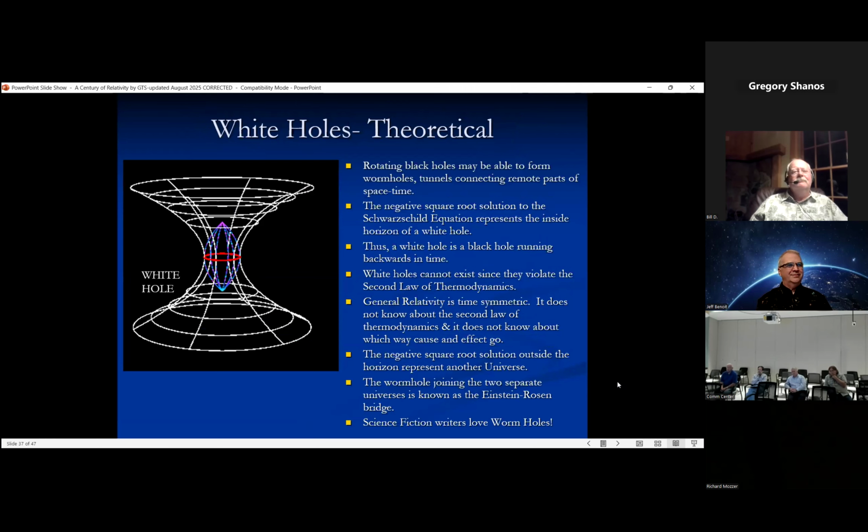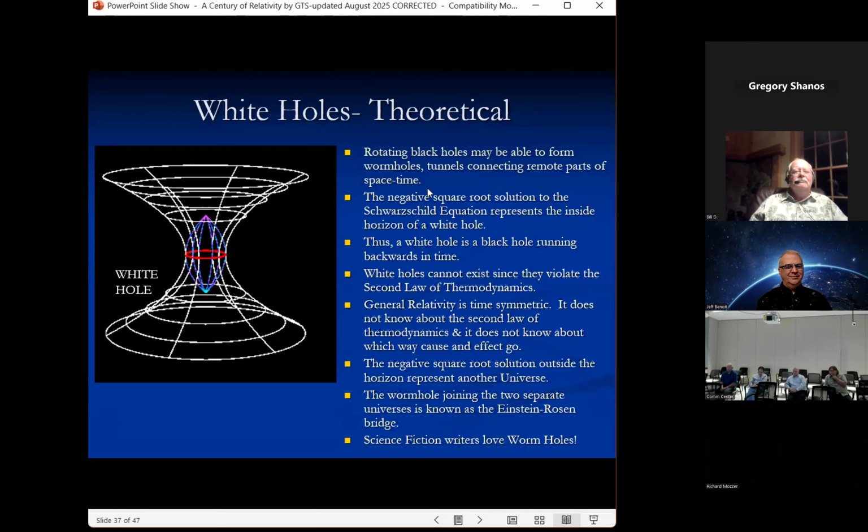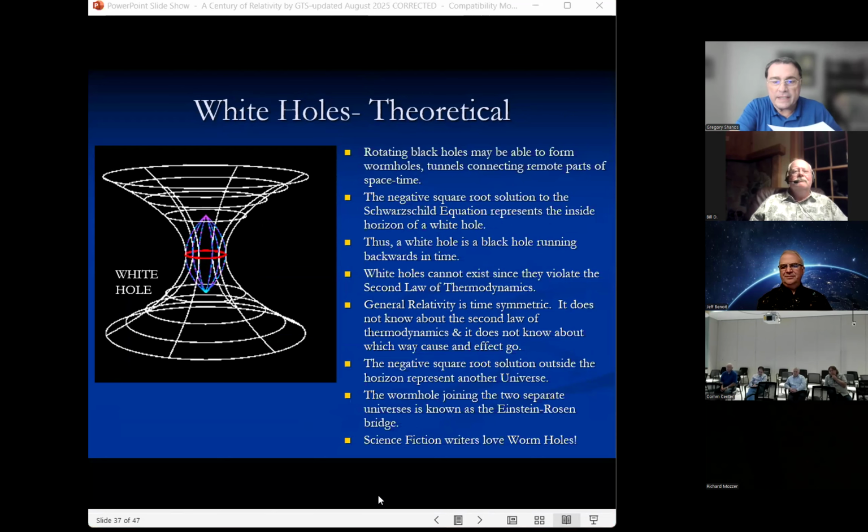And then black holes, this is theoretical, the negative Schwarzschild solution. If you see this, a white hole is space-time from one end of the sheet to another. A wormhole is if you could bend space-time, that's the Einstein-Rosen bridge, and go from one end to the next.